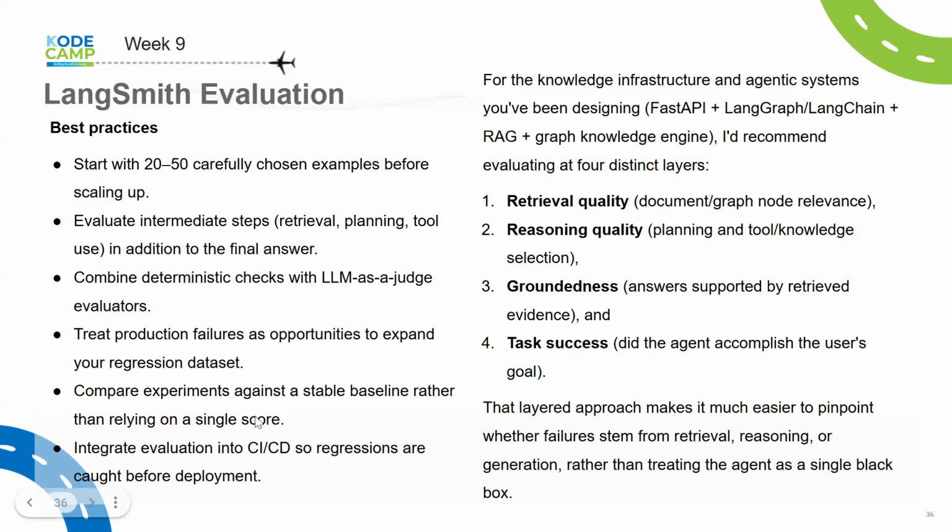Compare experiments against a stable baseline rather than relying on a single score. So you should have a stable baseline, and that baseline should have multiple metrics that you use to measure. Integrate your evaluation into CI/CD so that any regressions are caught before deployment.